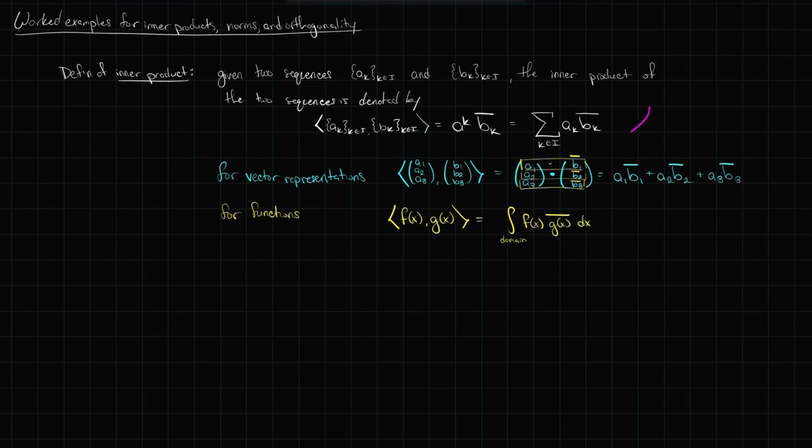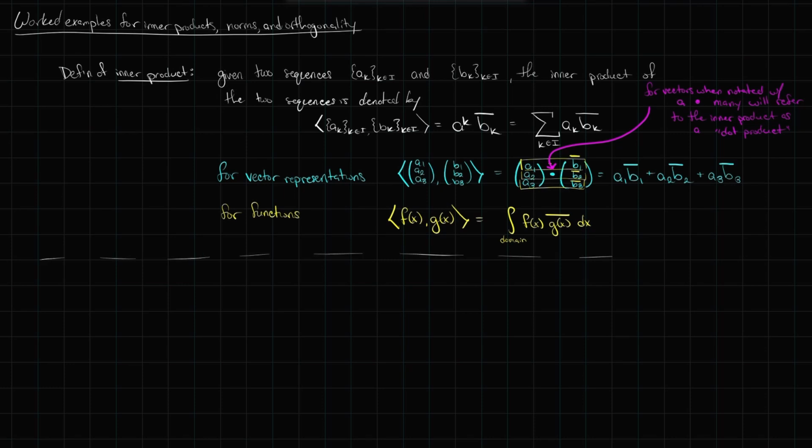I do want to mention, for vectors, when notated with a dot, the dot that we have here is a little multiplication. So when we notate it with a dot, many will refer to the inner product as a dot product. If you ever hear the word dot product thrown around, it's the same thing. They're referring specifically to the inner product on finite dimensional vector spaces.